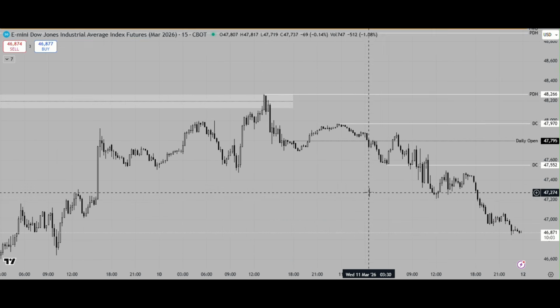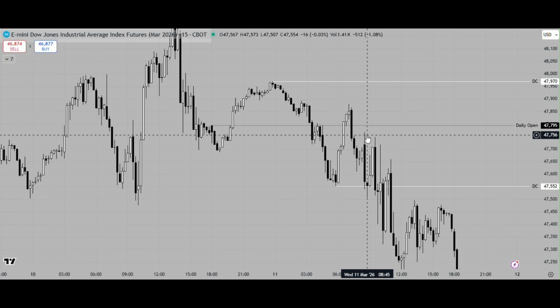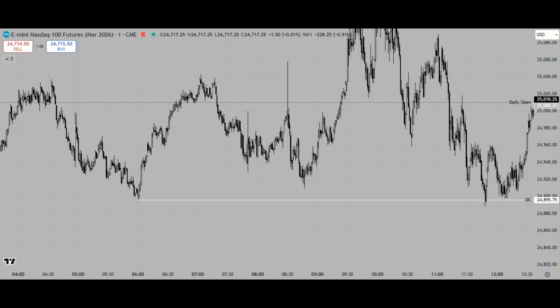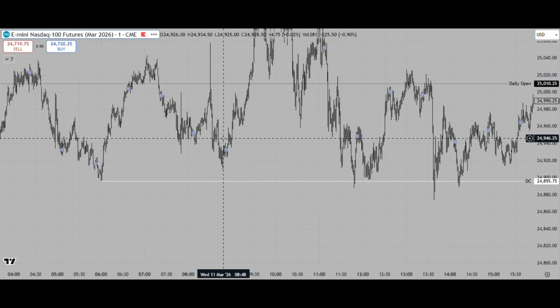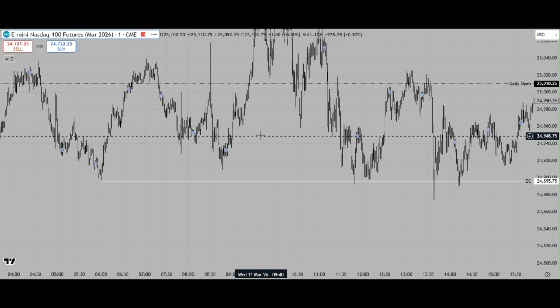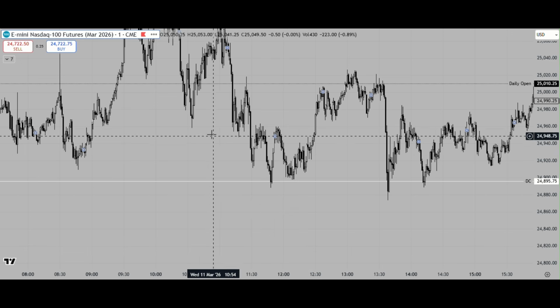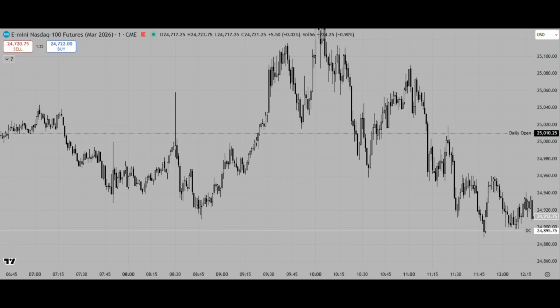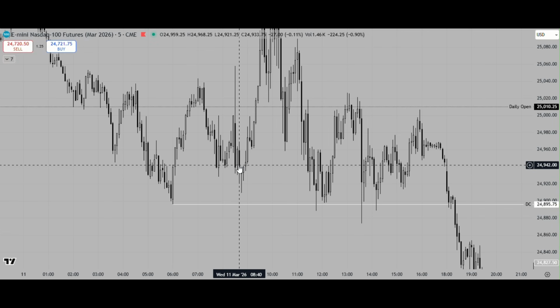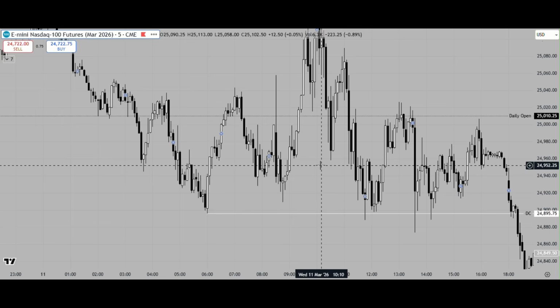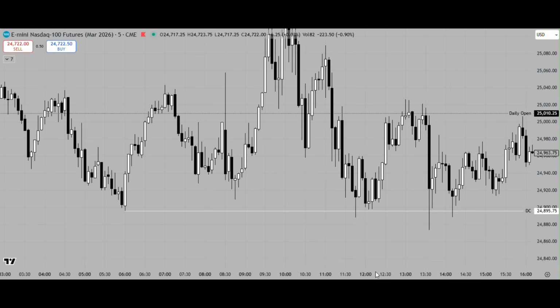YM, let's go here, took their low, but Nasdaq, where we didn't take this low, at least it took it later. So you could have longed right here after this 5 minute CISD.